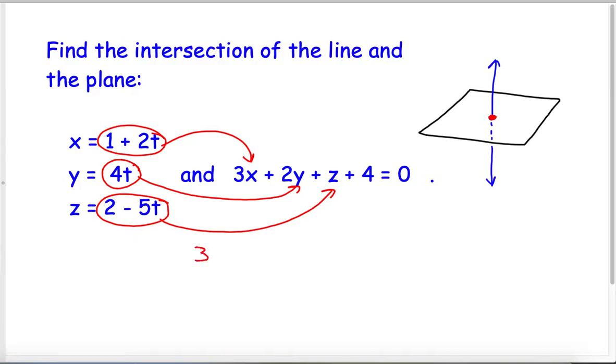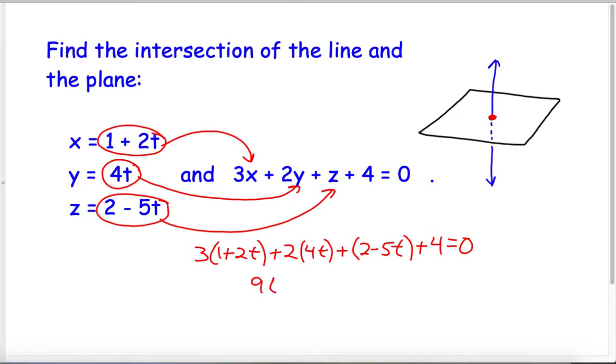So I'm going to get 3 times 1 plus 2t plus 2 times 4t. And notice now, we're just going to have one variable to solve for, plus z, which is 2 minus 5t, plus 4 equals 0. So when we simplify this, we're going to get 6t, and 8t is 14t, minus 5t is 9t.